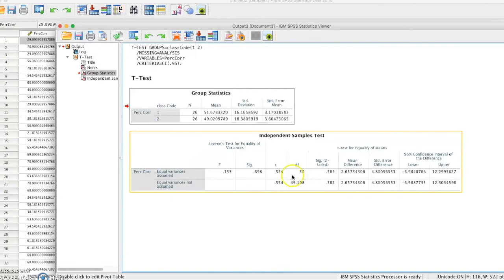So our t-value would have to be higher than 2.009 in order for us to reject the null. And as you can see clearly, our t-value is 0.554, significantly lower than that threshold that we would need to reject the null.